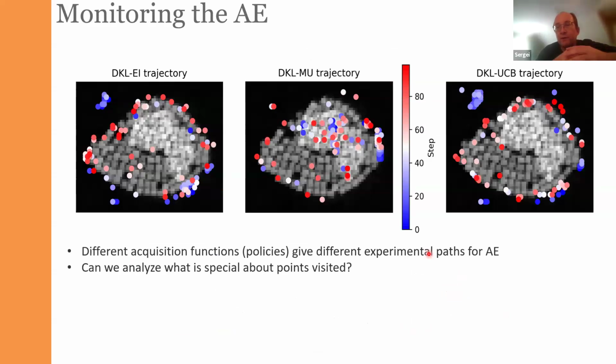I mean, the great thing about microscopy is that microscopy shows you where the measurements are being taken, and we can correlate it by eye. And this is the example of what we see on the screen. So this is the example of the real space trajectory for these different functions. So this is expected improvement, maximum uncertainty, and this is UCB. So notice what happens: this is the most exploratory trajectory.